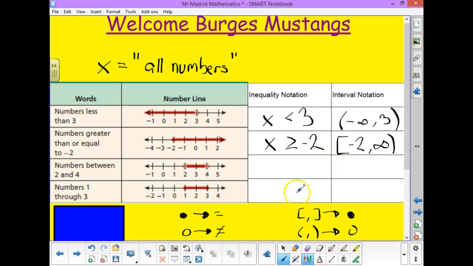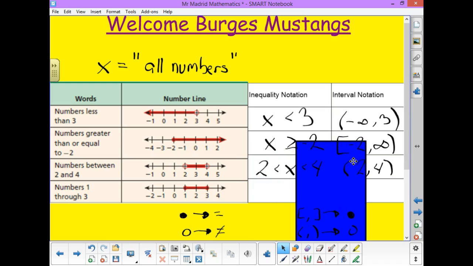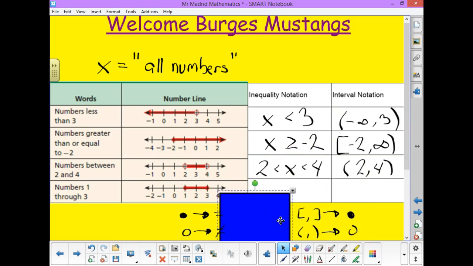Okay. Now these look a little more intense, so let's go and write them out. 2 is less than x is less than 4, and here we would have 2 comma 4. As you can notice, this is all the numbers between 2 and 4, not including them, you can't equal them. So look what this says. Just forget about this part for now.